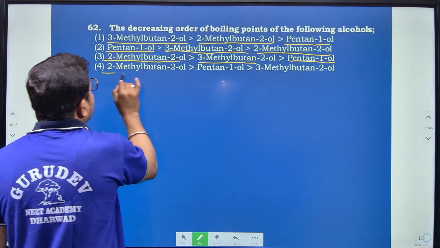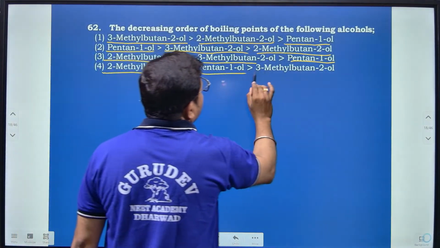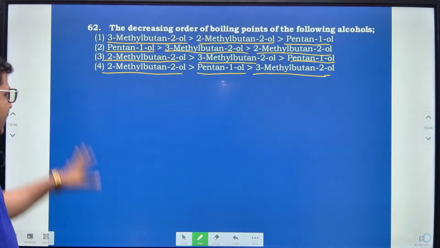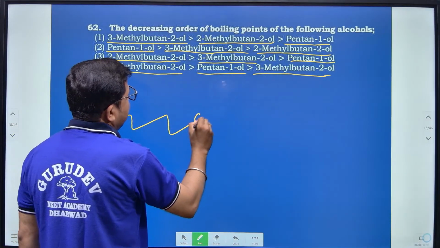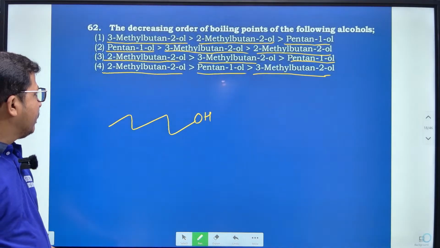Option number 4, 2-methyl-butane-2-ol, pentane-1-ol and 3-methyl-butane-2-ol. See here, as the number of carbon atoms present in a chain increases, the boiling point goes on increasing.